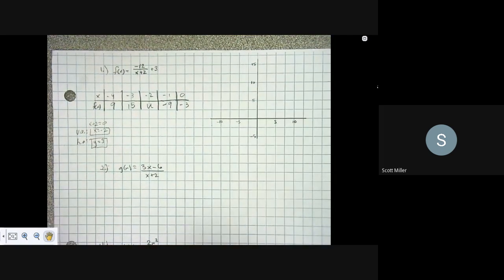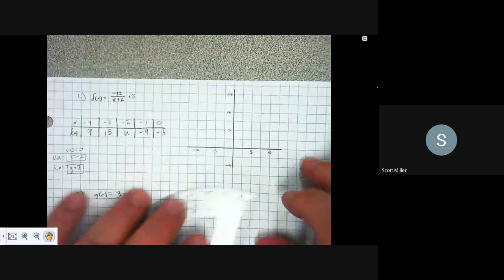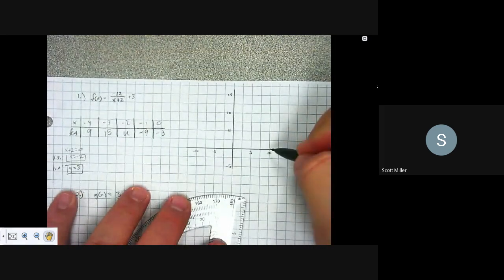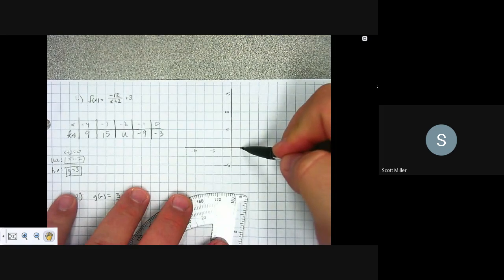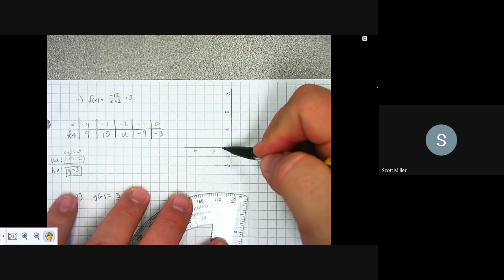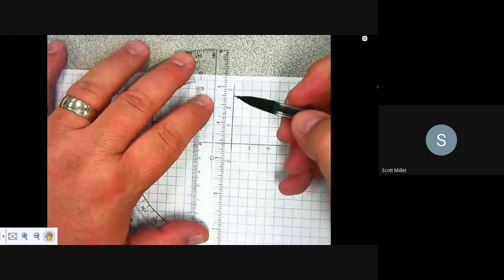And so then I can come over here with my table. I can put in the vertical asymptote at negative 2. Now, my scale here is a little interesting, but we're going to eyeball it as best we can. I'm sorry, this will be a negative 2.5, so it's going to be slightly to the side of it. So we'll put in the vertical asymptote right about here.